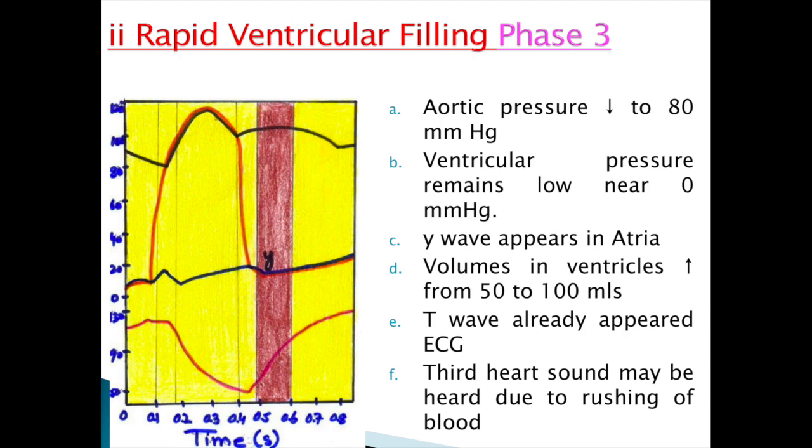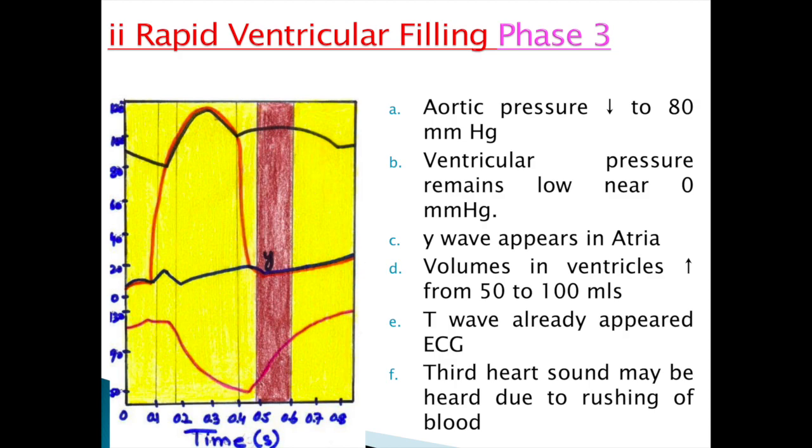Ventricular pressure remains low, near 0, because the heart is not contracting. The heart is totally relaxed, and the blood is pouring from the atria to the ventricle. This is the rapid filling phase. And when the blood is going in, the heart is still relaxing, decreasing the pressure more towards 0.